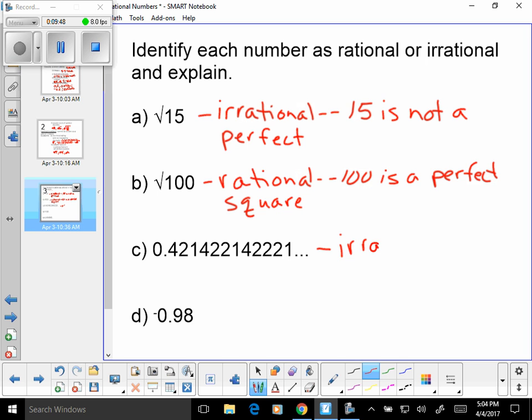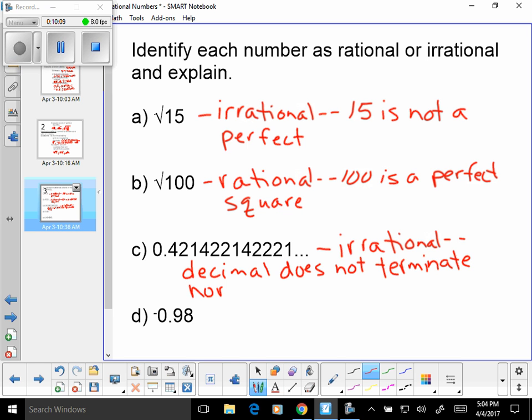Yes, it's going to be irrational. And our reasoning is that the decimal does not terminate, nor repeat.